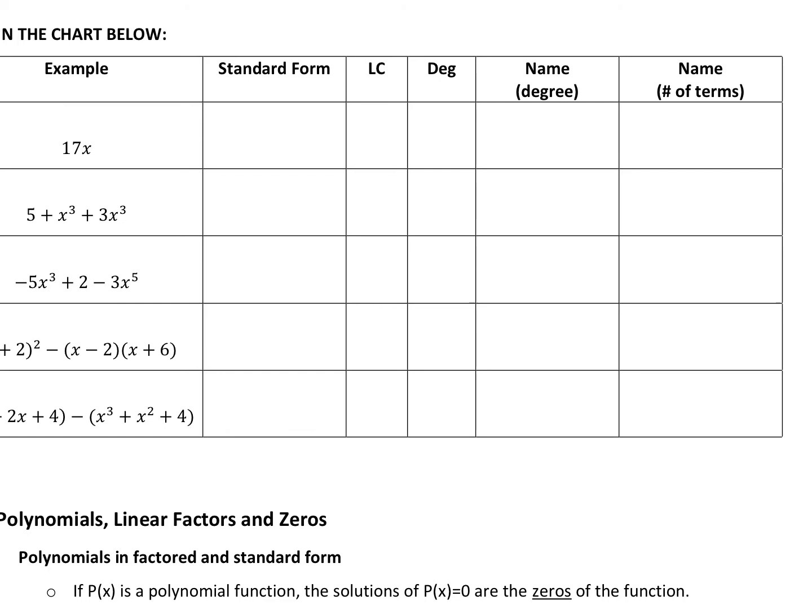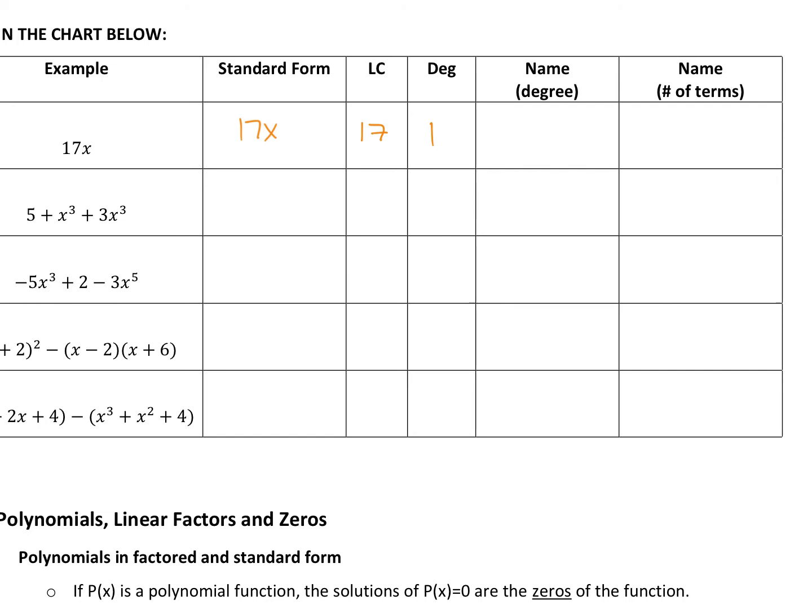What is the standard form of 17x? 17x. What's the leading coefficient? 17. What's your degree? 1. That's x to the first power, technically. You're not going to see the 1, but it is to the first power. So the name of this by degree would be what?